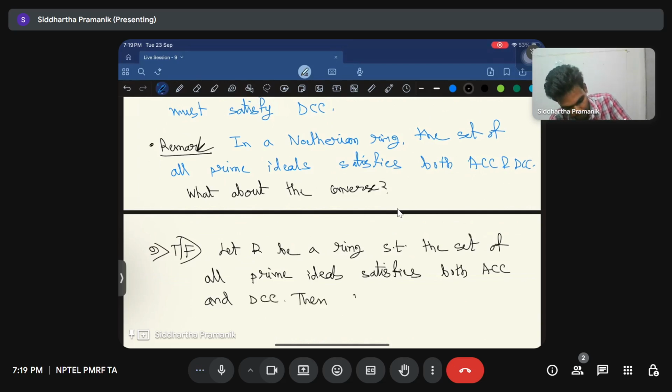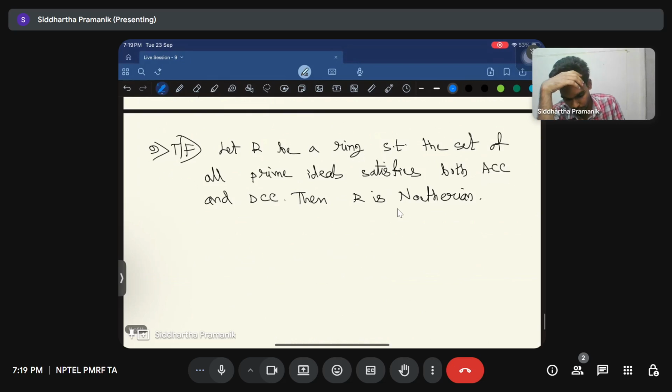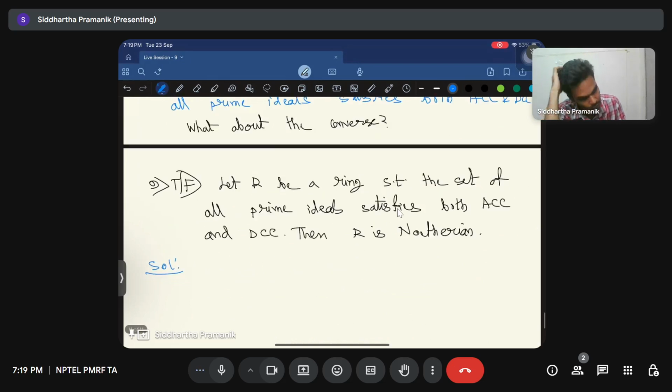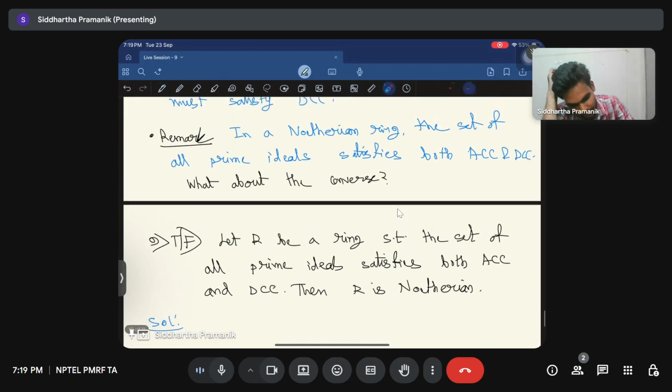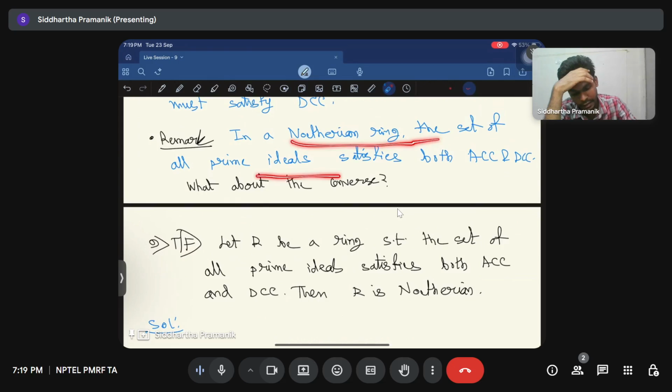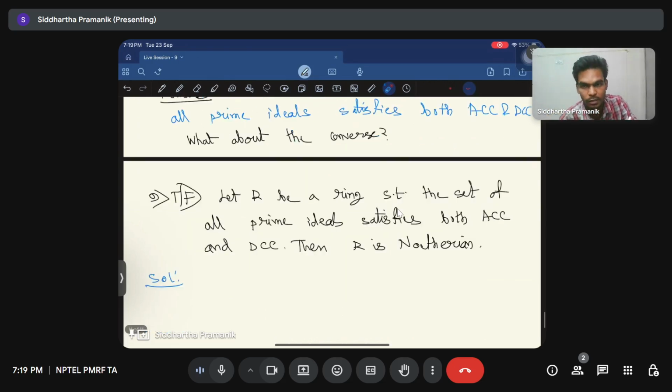Then R is Noetherian. So is it true or false? It is basically the converse of the above remark. So we know in a Noetherian ring, the set of all prime ideals satisfies both ACC and DCC. So is the converse true or not?